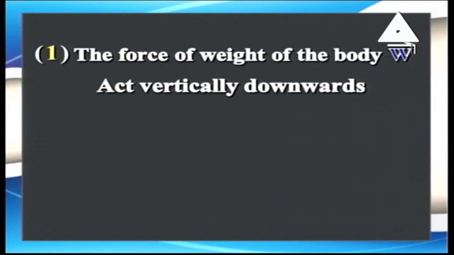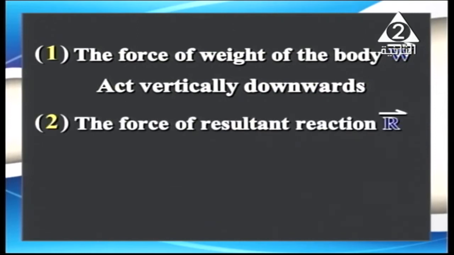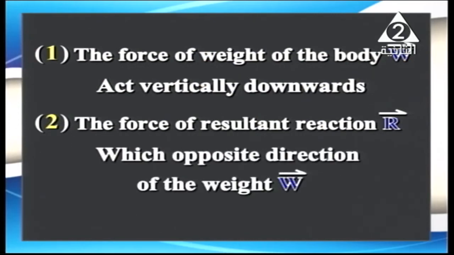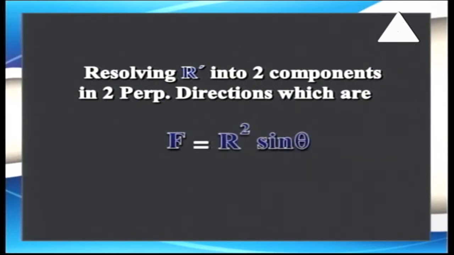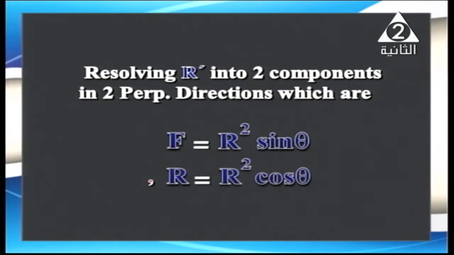Number two, the force of the resultant reaction R dash, which is in the opposite direction of the weight W. R dash means W. Resolving R dash into two components in perpendicular directions, number one, F equals R dash sine theta, number two, R equals R dash cosine theta.